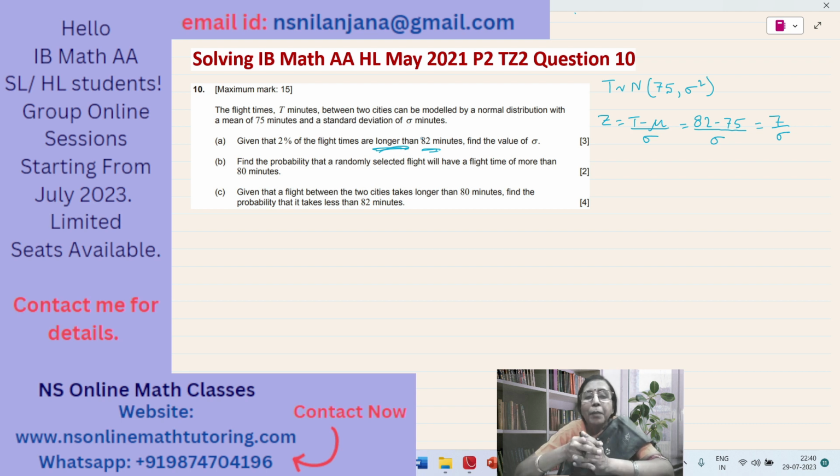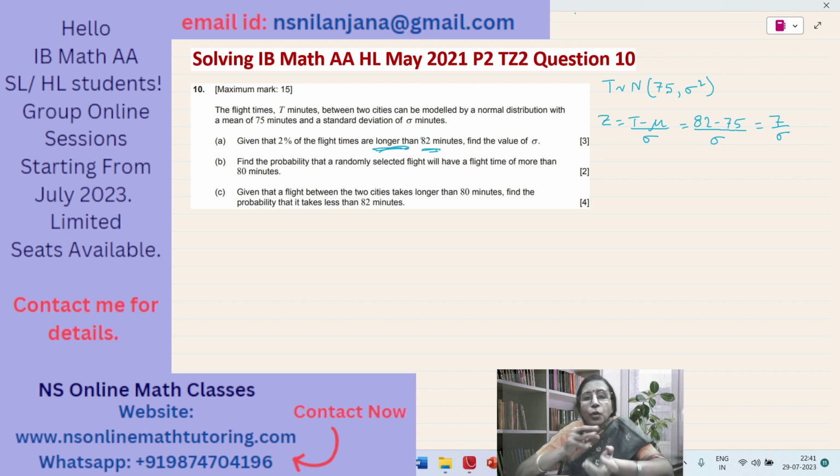But it should be the less-than probability, not the greater-than probability. Since 2% of flight times are longer than 82 minutes, 98% are shorter than 82 minutes. So we have to take 98%, not 2%. If you take the 2%, you will go wrong.